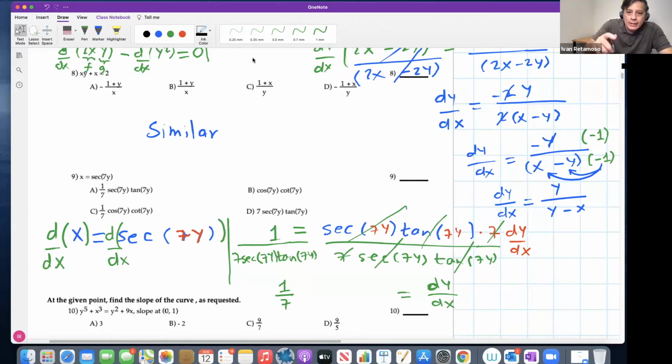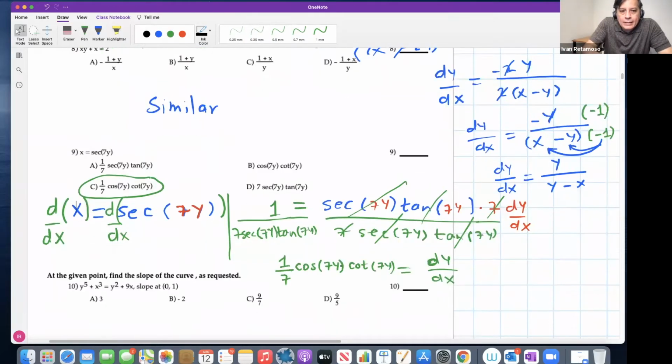Very good, Sarah. Yeah, these are things that you need to remember from pre-calculus. So dy/dx is cosine of 7y times cotangent of 7y, divided by 7. And then that's it. You have to choose the answer now, and it's here. Very good.